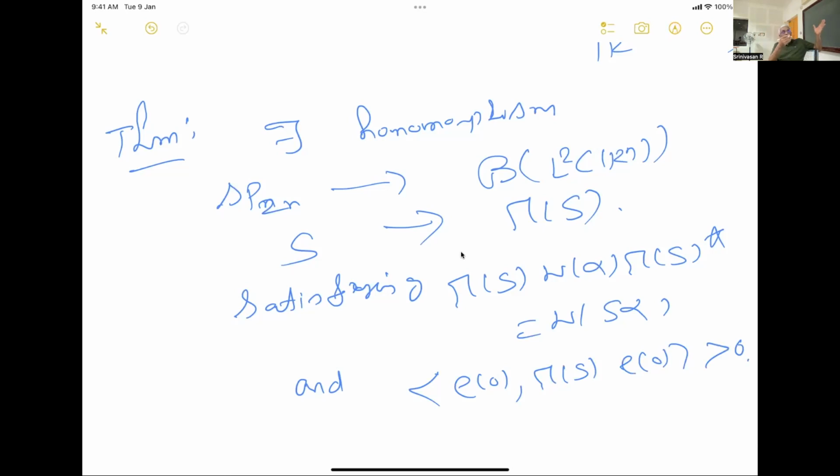This is the generalization of the second quantization of unitaries. If you have a unitary, you can second quantize it. That's a very direct way of defining. As you can see, this gamma S cannot be defined directly in the Fock space picture; it becomes very complicated.